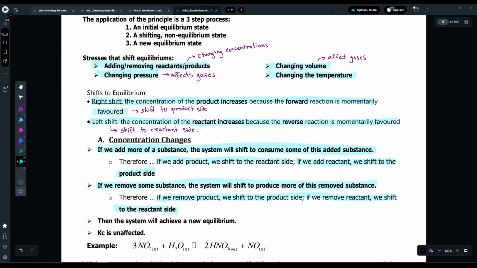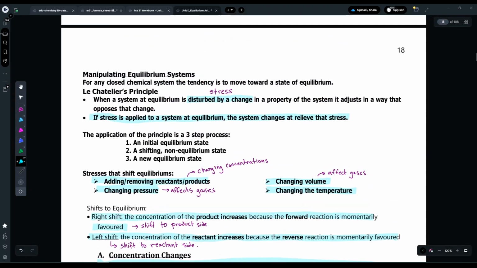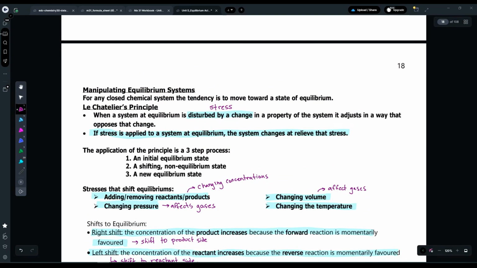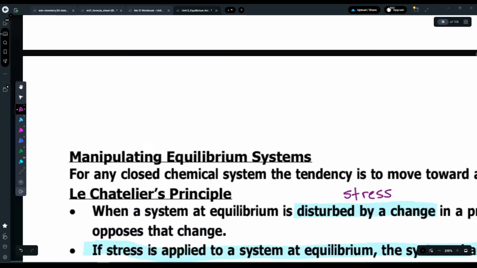To summarize how concentration changes cause the equilibrium to shift, I'm just going to write a note at the top of this page because I don't have a lot of space here.